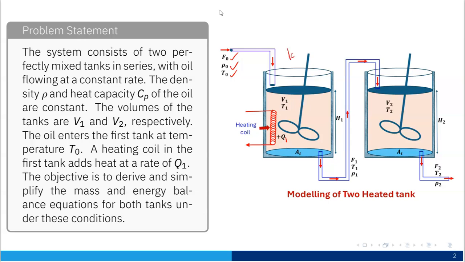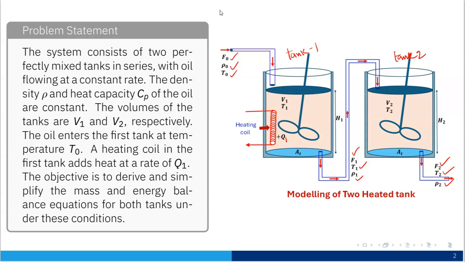So this is tank 1 and this is tank 2. Now for tank 1, the oil is flowing in at a volumetric flow rate F0, density rho 0 and temperature T0, and the oil is coming out of the tank with volumetric flow rate F1, temperature T1 and density rho 1. In tank 2, the volumetric flow rate in is F1, temperature T1 and density rho 1, and coming out from tank 2, the volumetric flow rate is F2, temperature is T2 and density rho 2.